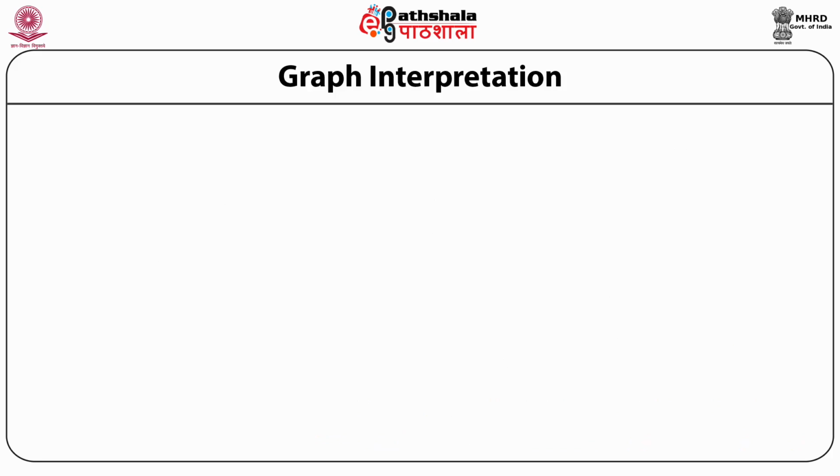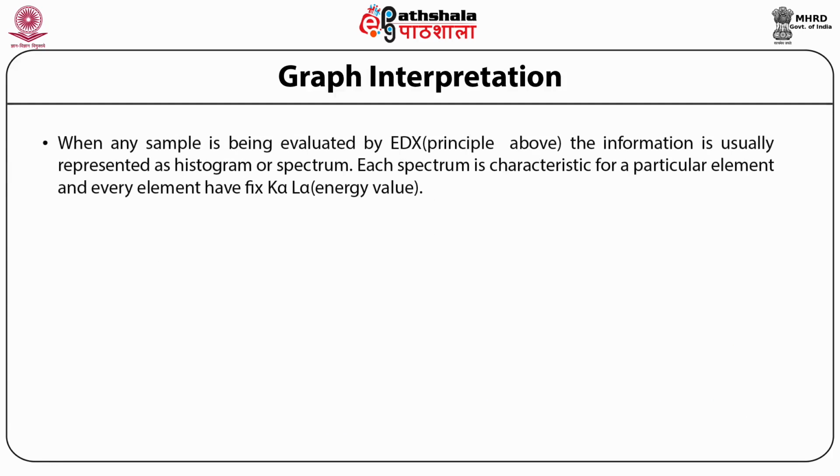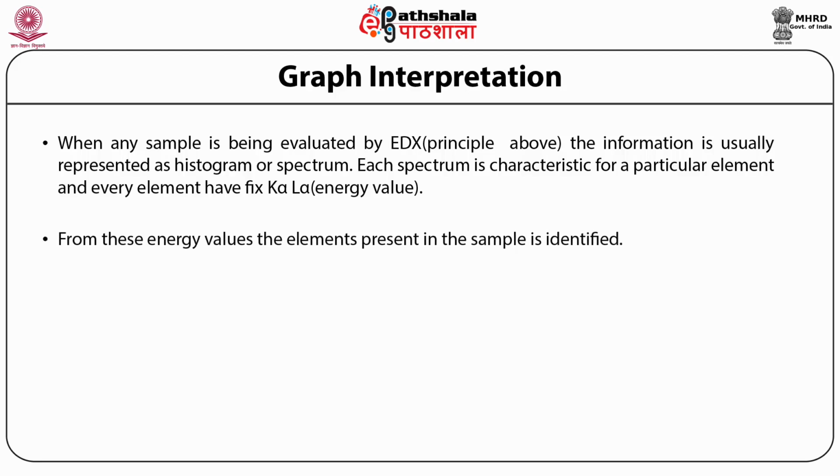The interpretation of the graph. When any sample is being evaluated by EDX, the information is usually represented as a histogram or spectrum. Each spectrum is characteristic of a particular element and every element has fixed K alpha, L alpha energy values. From these energy values, the elements present in the sample are identified.